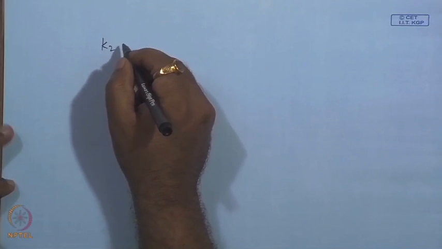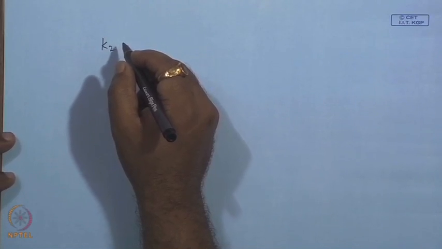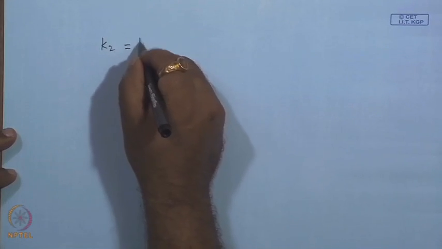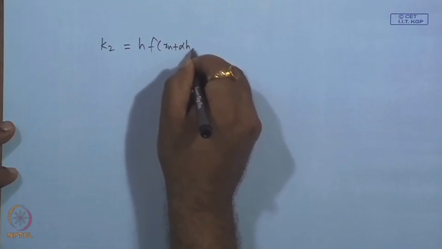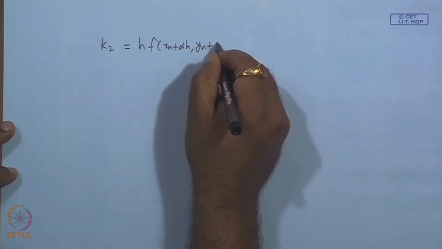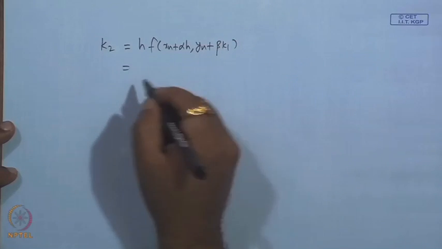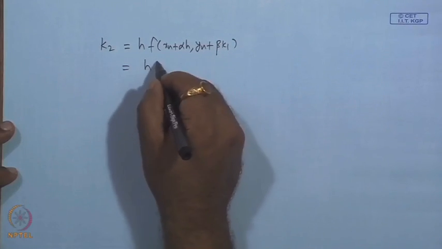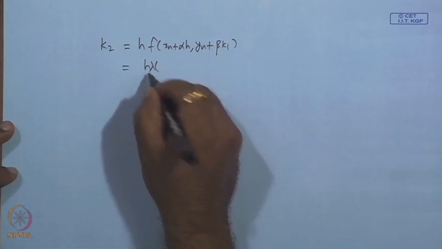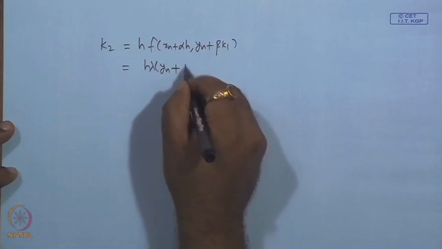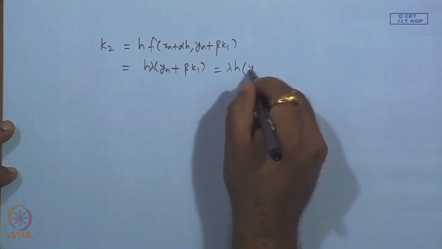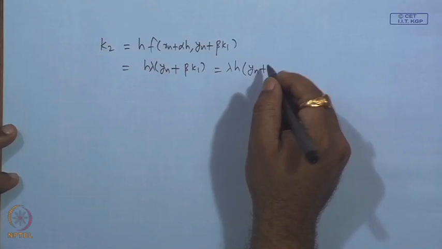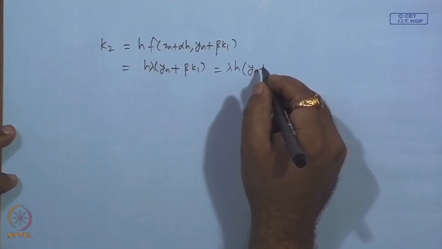So, then k 2 is h into lambda times y n plus beta k 1, so this is lambda h y n plus beta k 1.